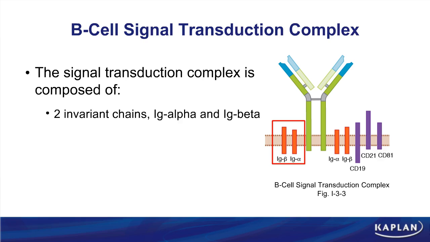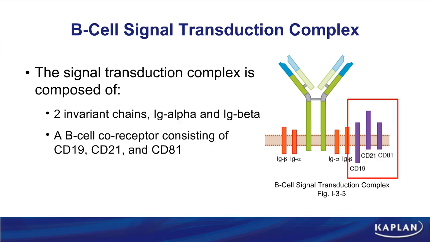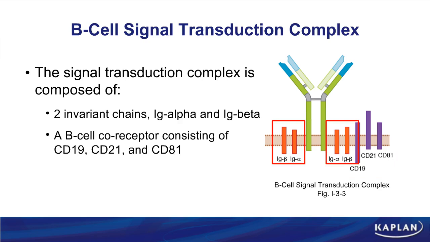You also see next to that what is referred to as the co-receptor that includes CD19, CD21, and CD81. Functionally, the co-receptor helps to lower the threshold of antigen needed for any given immune response. We are going to talk about the co-receptor for a few other things that USMLE likes to focus on. Notice that the Ig alpha and Ig beta are composed of a heterodimer, and there are actually two, one on each side of the B cell receptor.